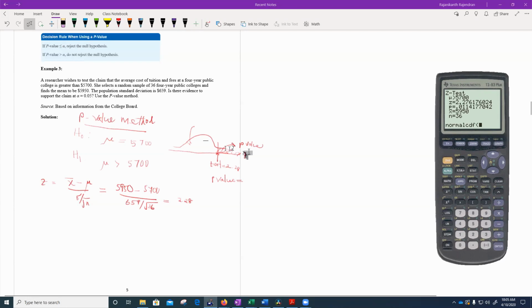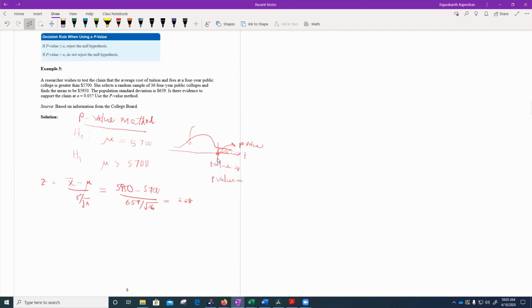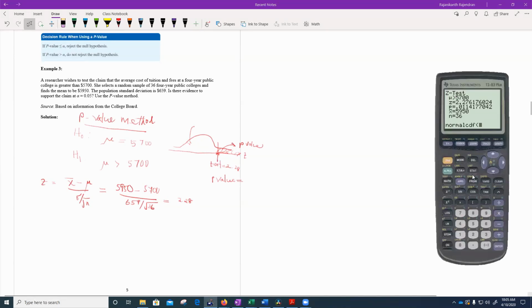I think we could find it directly by using this function. My left bound for this area, I don't need to find the left area. Directly we will find the right area. So this is my left point, and my right point is infinity for the bound. Therefore, I'm using 2.28 and E99. Okay, so now this is my area.